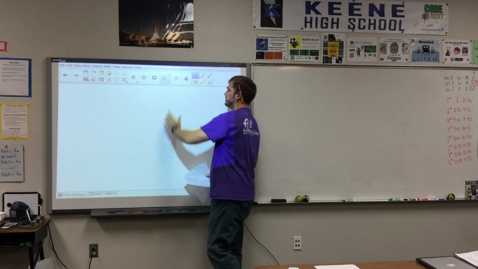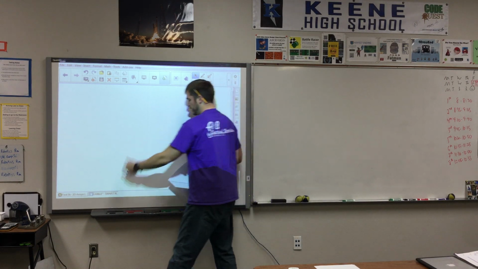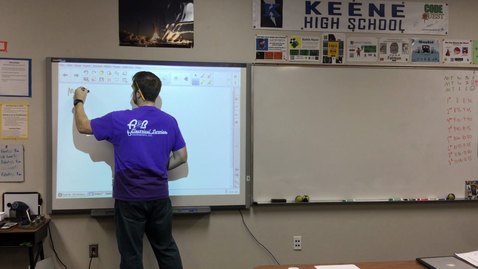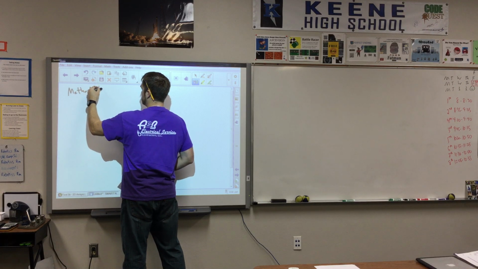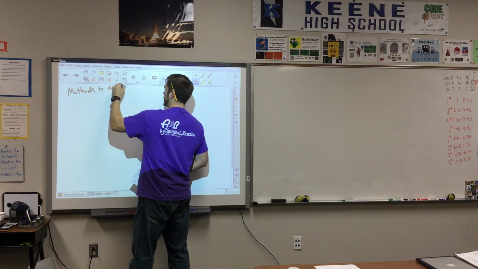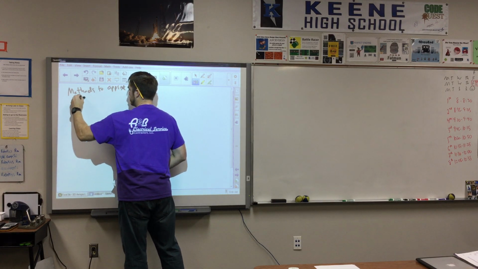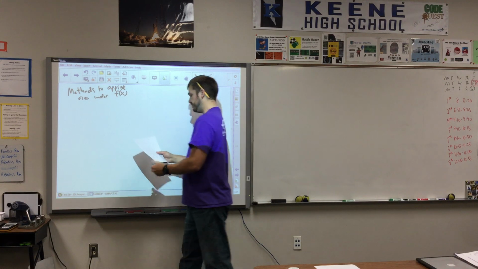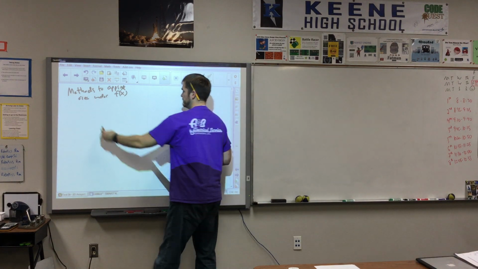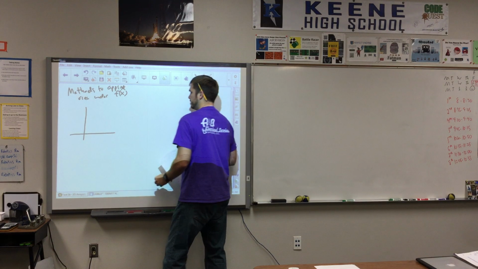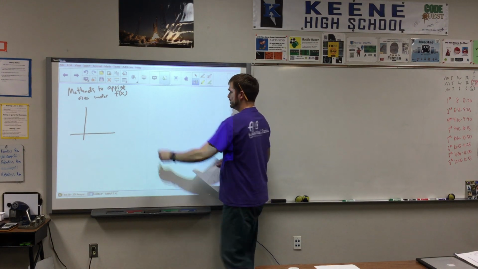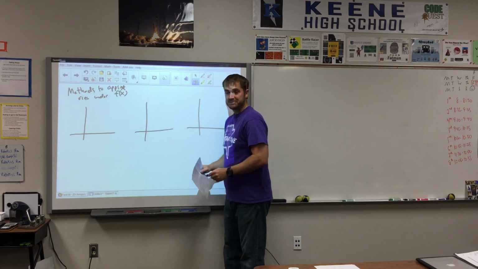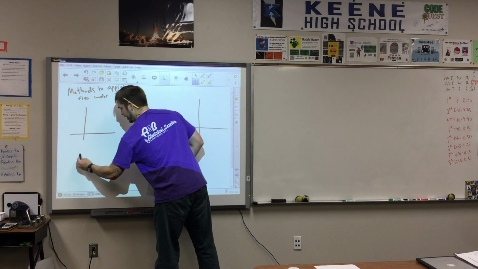So there are several methods to approximate that area under f of x. I'm going to draw 6 xy axes because there are 6 methods that we're going to talk about.